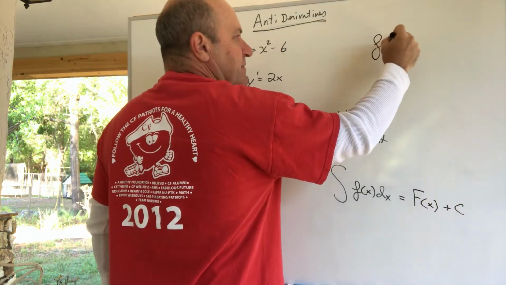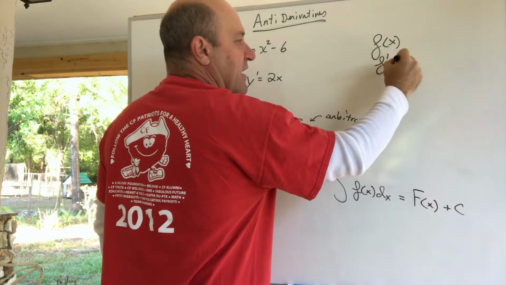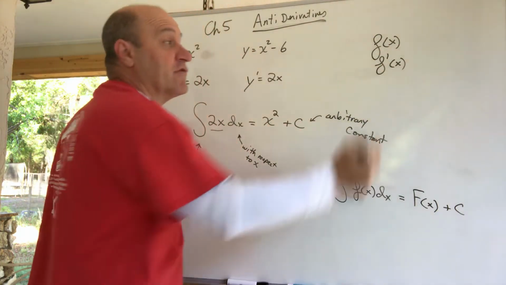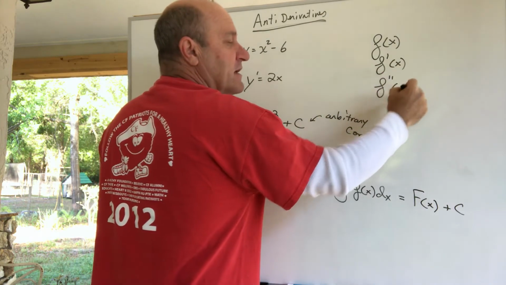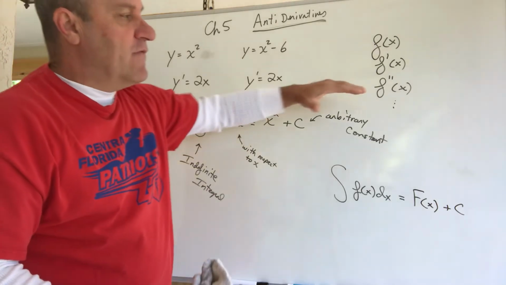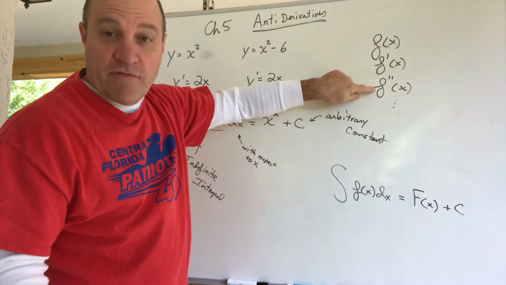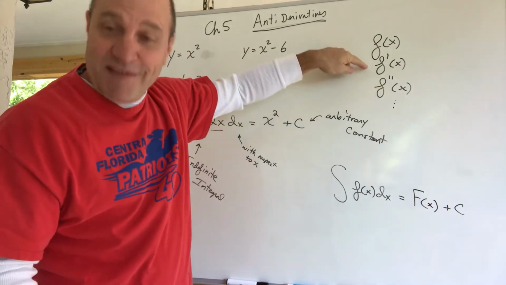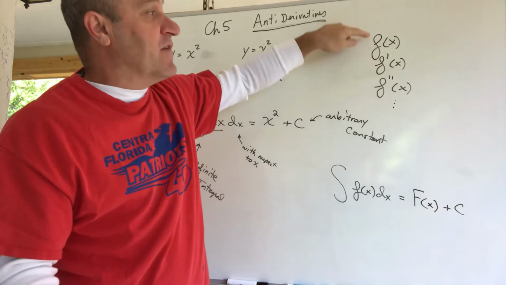We had a function, f of x, and if we took the derivative, we would call it f prime of x, and if we took the second derivative, or the derivative of the derivative, we would call it f double prime of x, and so on. So now if you're asked to do antiderivatives, what's the antiderivative of f double prime? Well, the answer is f prime. And what's the antiderivative of f prime? Some function f.